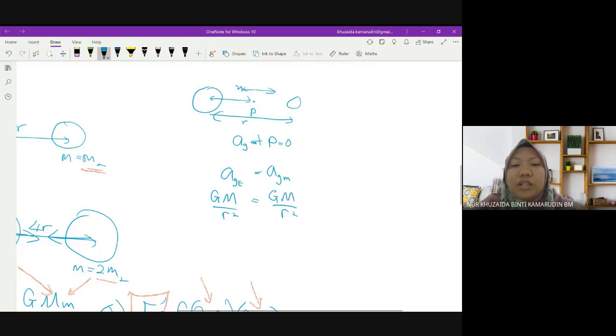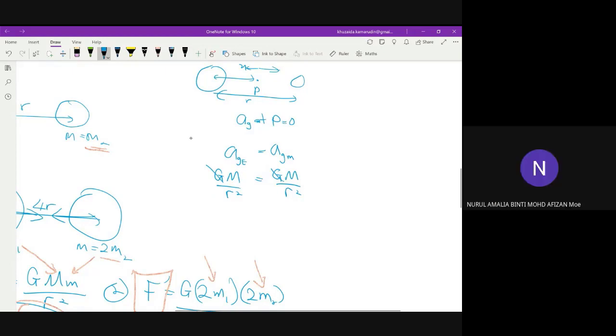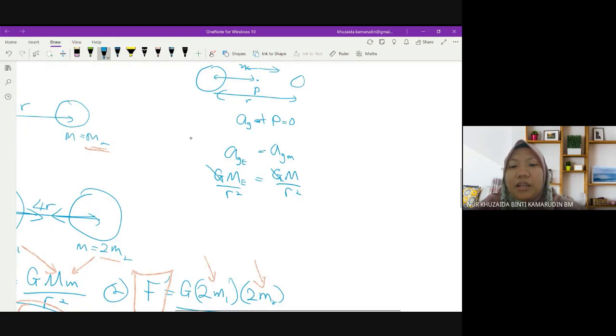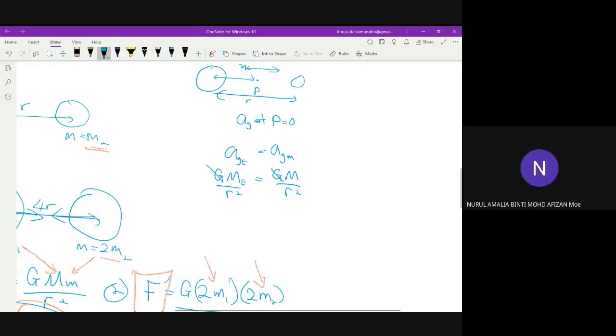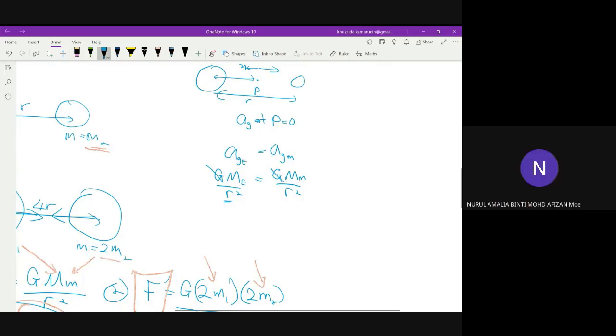Okay, the same equation. So the value of G here can cancel because it is the same. But the mass over here for the first one, what mass is here? Mass of the Earth. Okay, and this one, the other one, mass of the Moon. Then R here, what do we want to substitute? What value? What do we substitute for R here? The R that they gave.